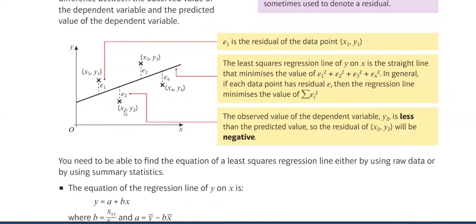Basic data x1, y1, x2, y2, like that. Every data point has some difference from the best fit line: epsilon 1, epsilon 2, epsilon 3, epsilon 4, like this. To find this regression line, minimize this value, sigma epsilon i squared.